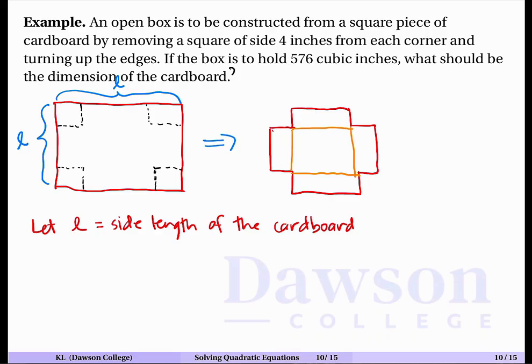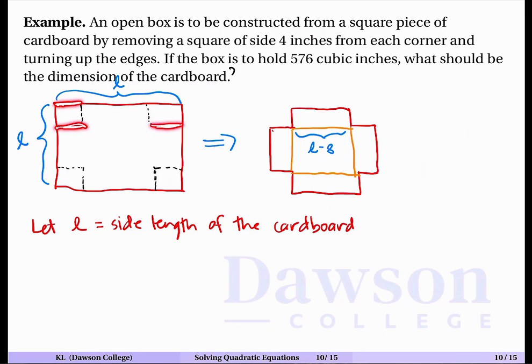After cutting the square pieces here, this part here, this part here, this part here, this part here, this here is equal to L minus 8, because this one is 4 inches, which means this is 4 inches.